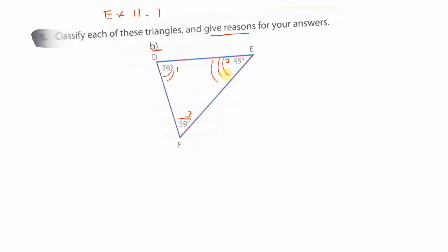So if all the angles are unequal, it must be a scalene triangle. So we can say that it's a scalene triangle. Furthermore, we also know that all the angles are smaller than 90 degrees. So we think about a small child, an acute child. So let's refer to it as an acute angled scalene triangle.